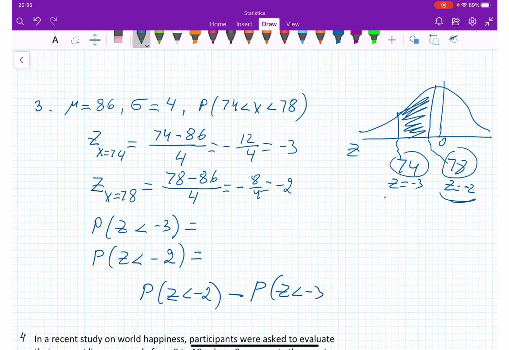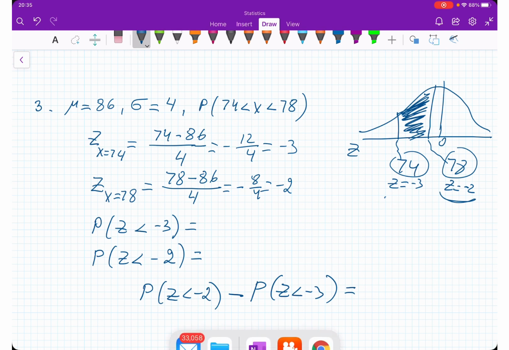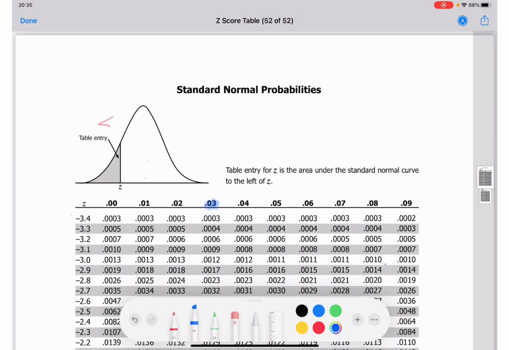So I'll take the probability of 78, which is -2, minus the probability for less than x, 74, and that will give me the probability between them. So let's go for it. -3 and -2.